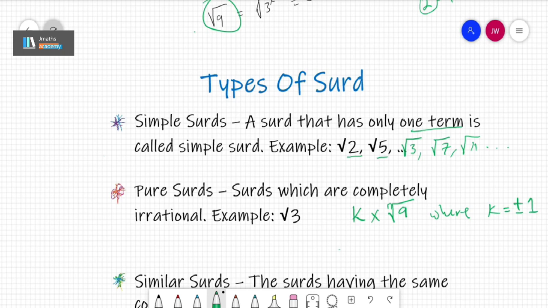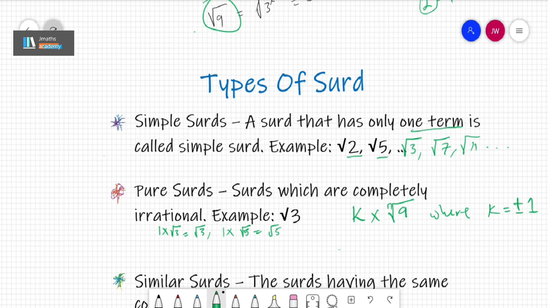What do I mean? 1 multiplied by root 3 will give you root 3, so it is a pure surd. 1 multiplied by root 5 will give you root 5, therefore it is a pure surd.